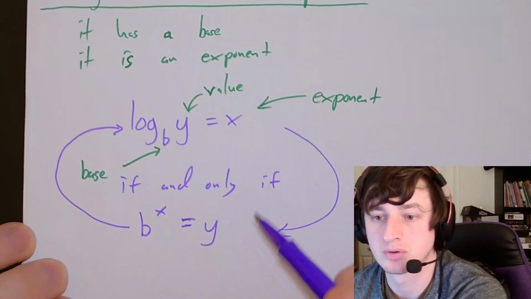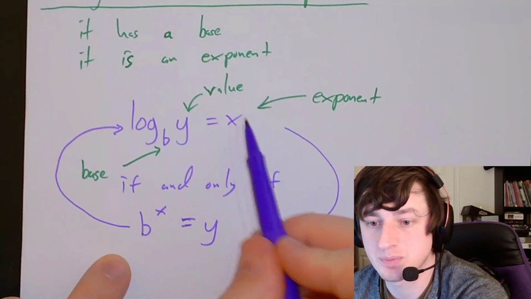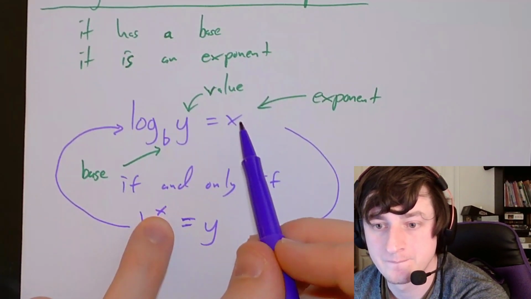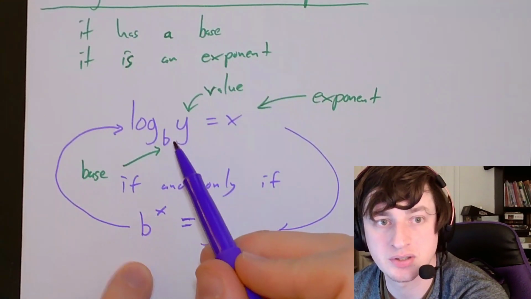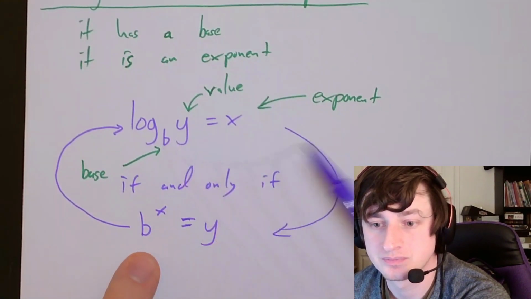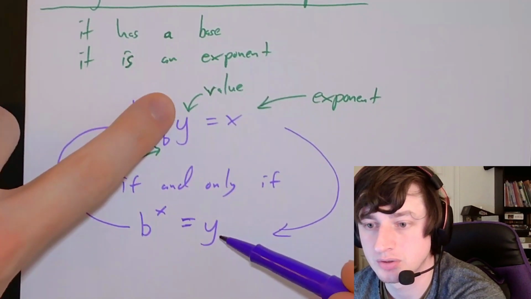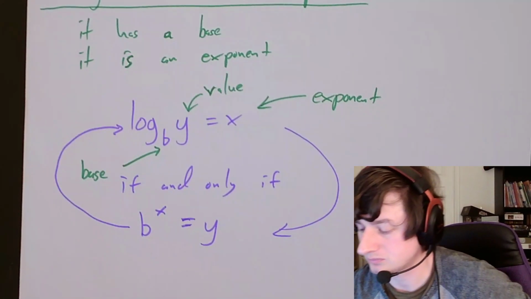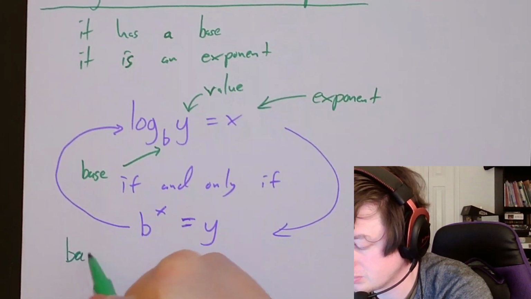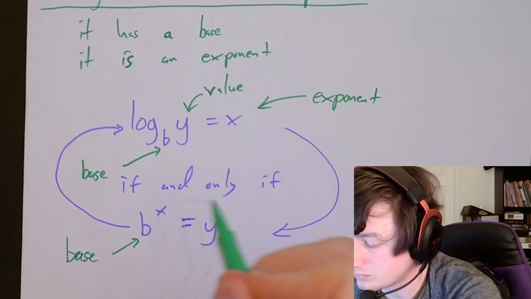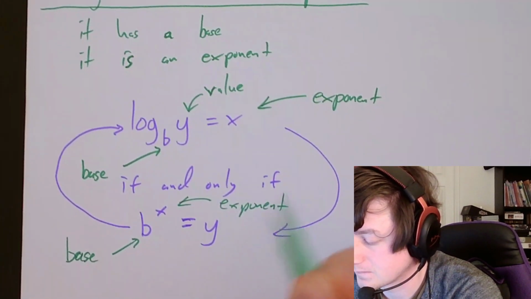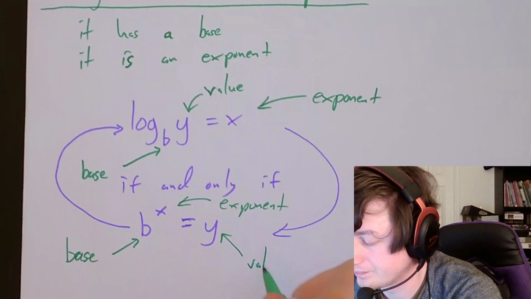So you'll notice some stuff. This exponent is the exponent of this equation. This base is the base of this exponent. And then the y here is the value of whatever the exponent is after we simplify and calculate it. So this base is still the base. This is the exponent. And this is the value.